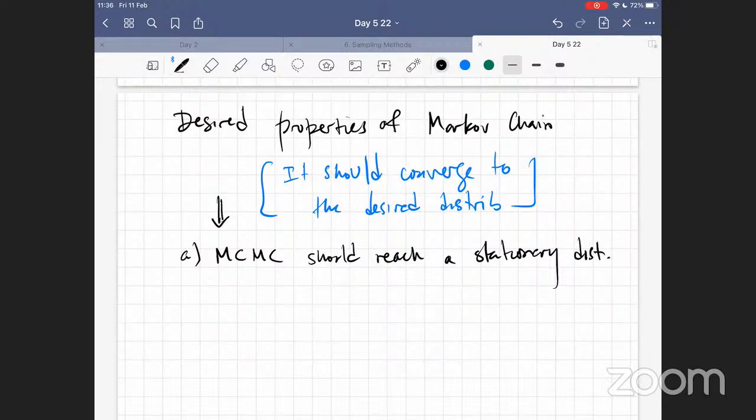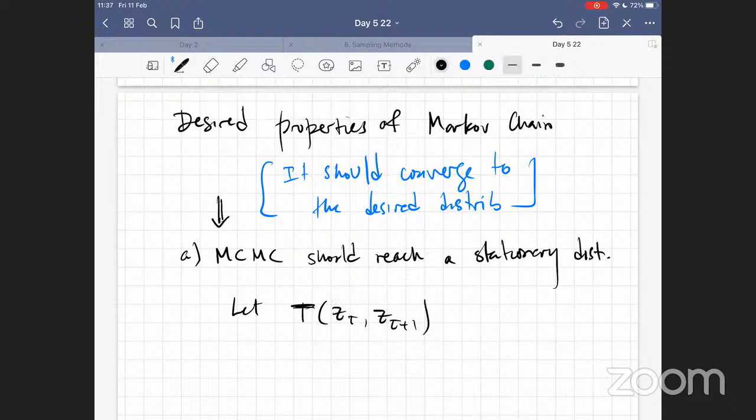Okay, and then what is this stationary distribution? So imagine that I have a transition probability. Let me call it T, the transition probability of z tau going to z tau plus 1. Let me remove, for notation, just the vectors.